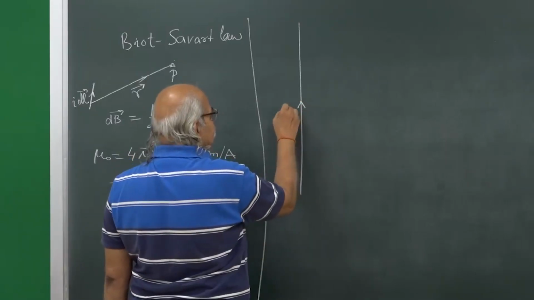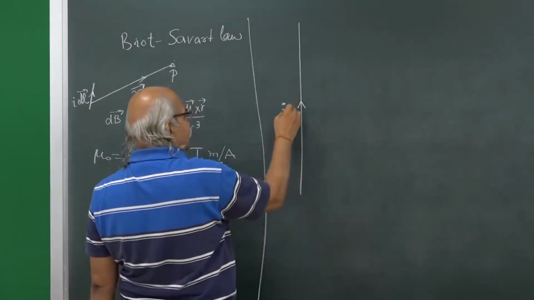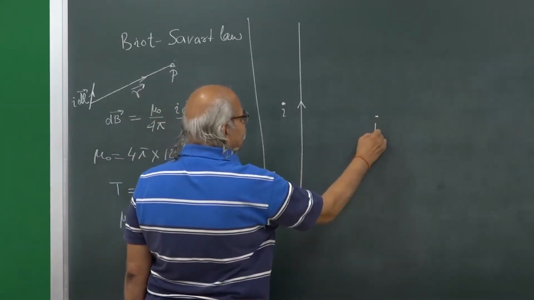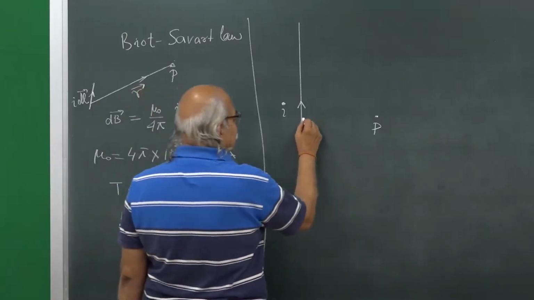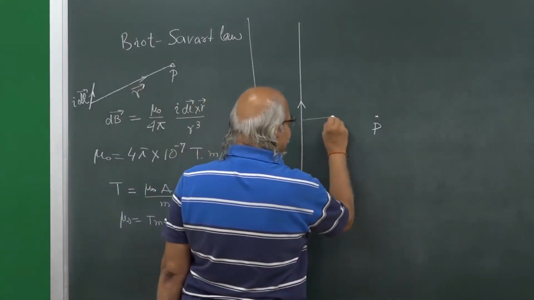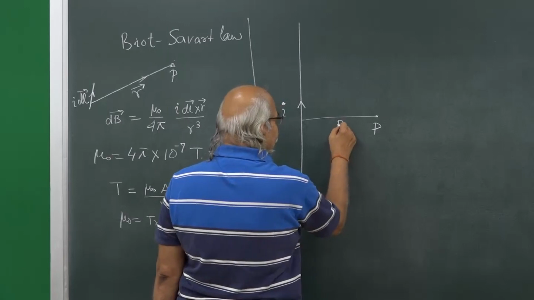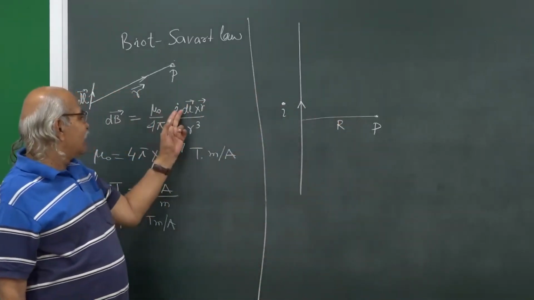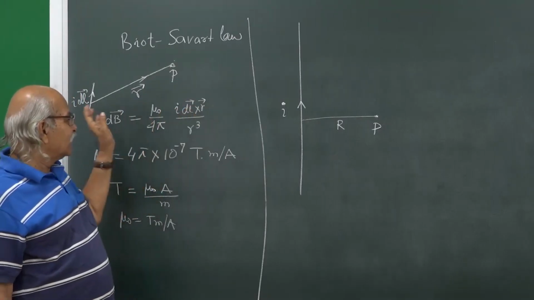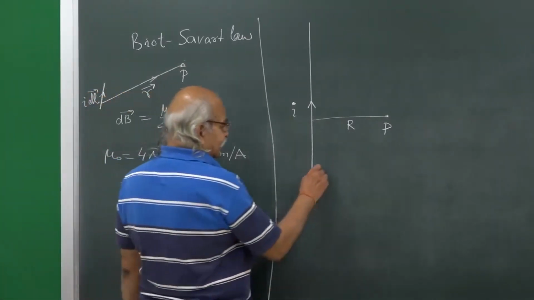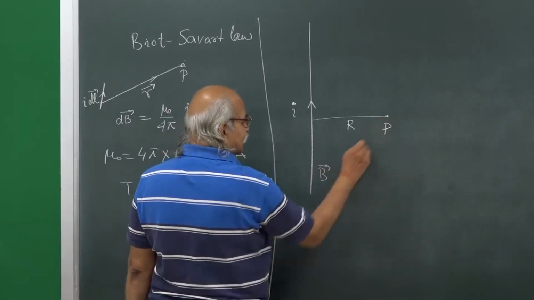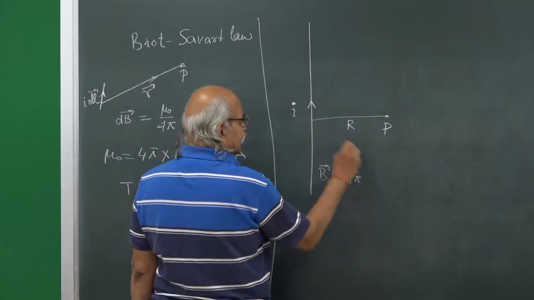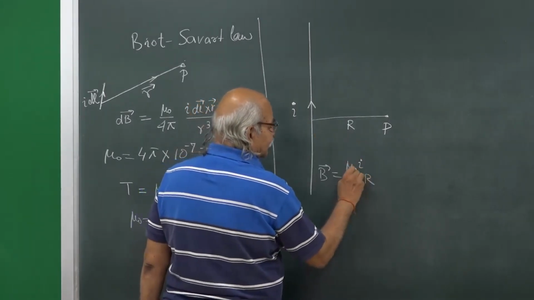You have a long straight wire carrying a current, a point P is given, and the perpendicular distance of this point P is, let us say, r. Then you take the integral of dl cross r, and get the result: B at this point is mu naught over 4 pi, then the current I, over this r.